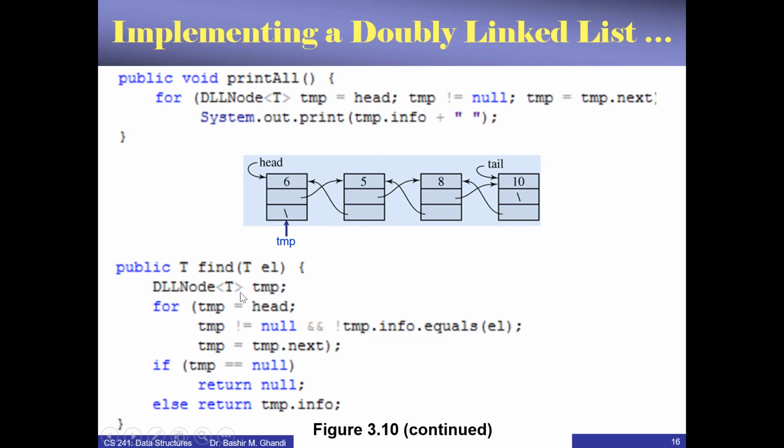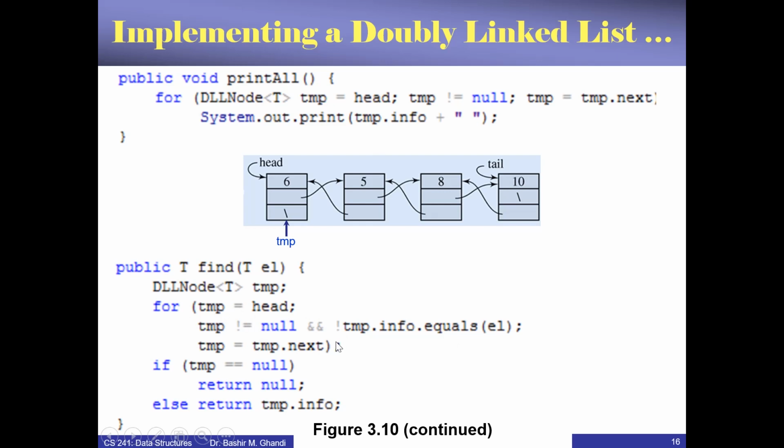We define a temp variable, initialize it to head, and the condition for repeating the loop is as long as temp is not null, we have not reached the end of the list, and temp.info is not equal to our target element. As long as both of these are true, just move to the next node. So we keep moving until we find a matching node, or until we reach the end.